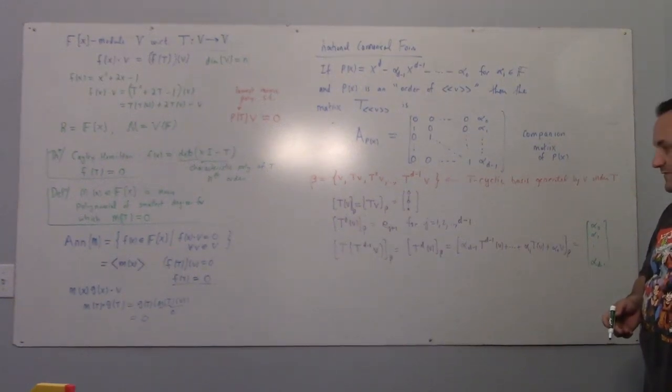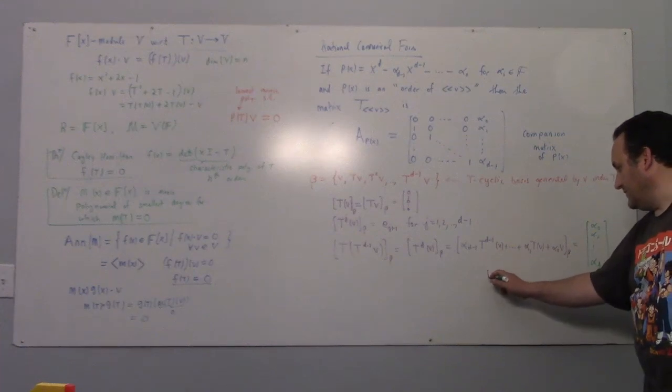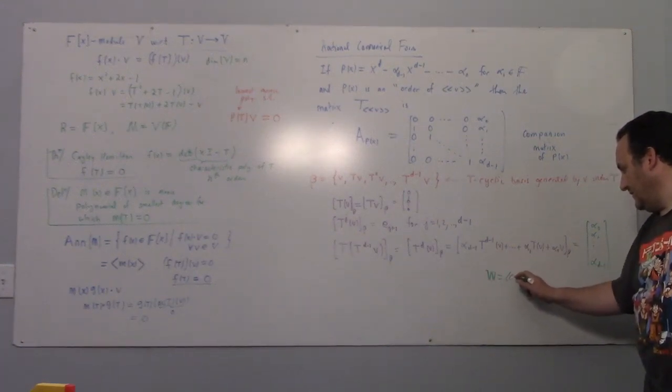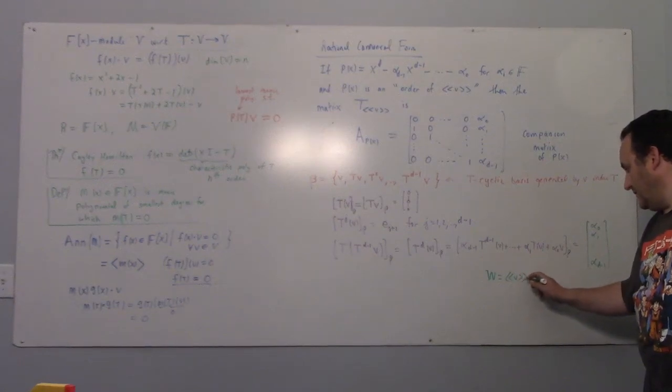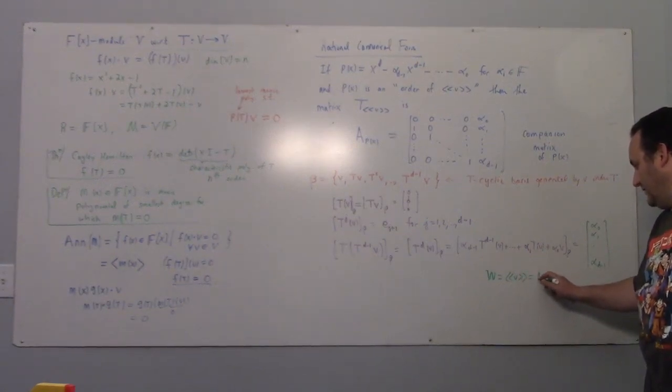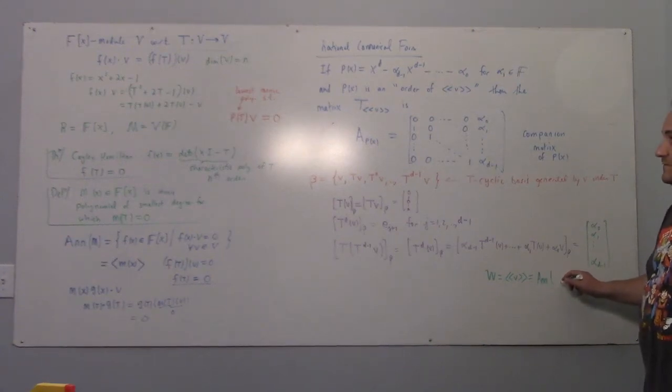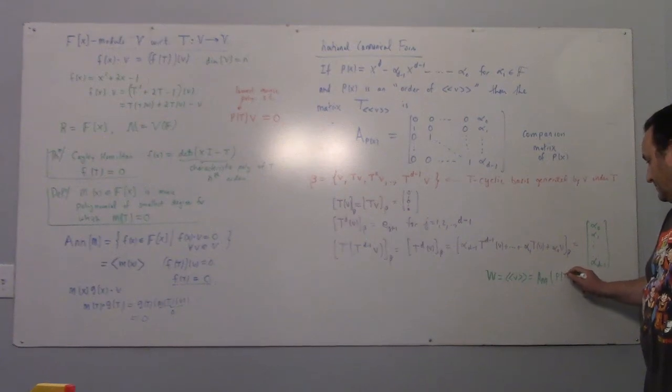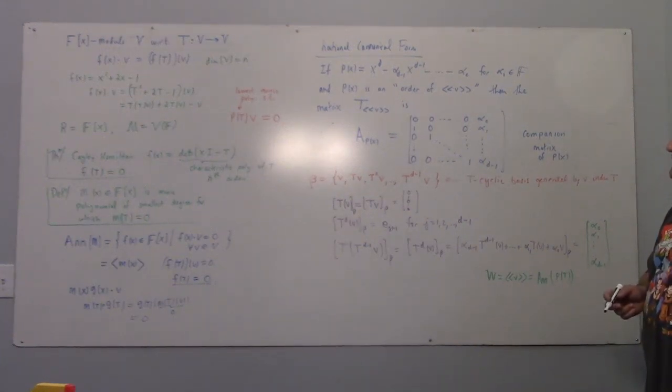So if we define W to be the thing generated by V, we could also point out it's the annihilator of what? It's really the annihilator of P of T, isn't it? I guess I can't quite say that.